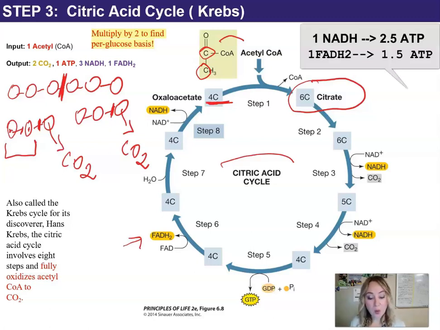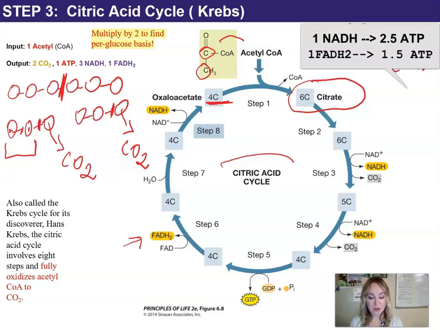And by the way, one NADH will eventually yield 2.5 ATPs, and then one FADH2 will yield 1.5 ATPs. So we're going to see how this process works. But first, let's go back to the citric acid cycle.